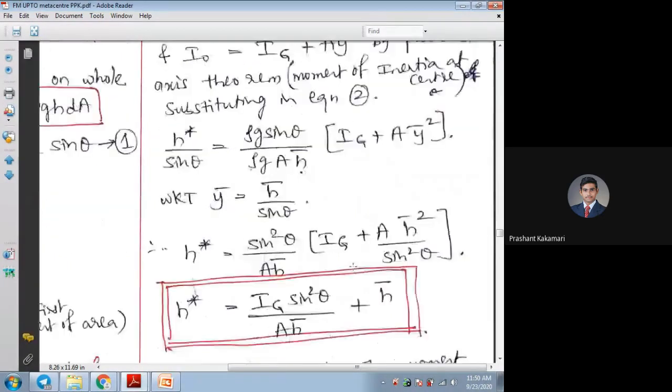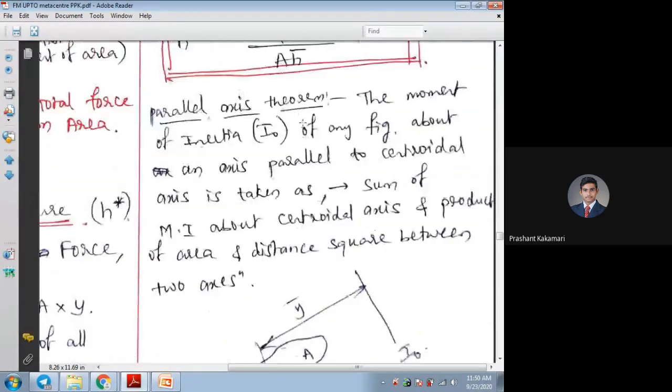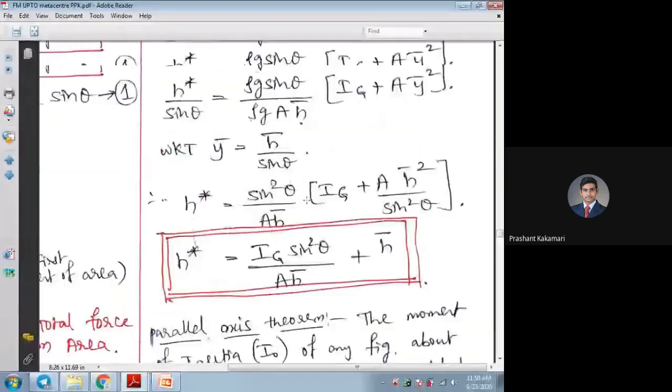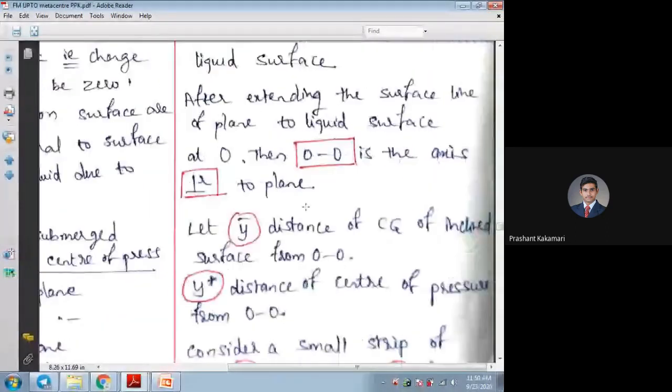I can recall this concept here. Parallel axis theorem: the moment of inertia I naught of any figure or plane about an axis parallel to the centroidal axis is taken as follows. So, an axis parallel to the centroidal axis. Here, which axis?